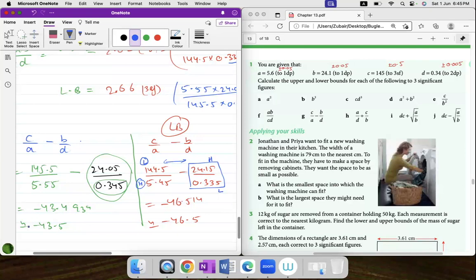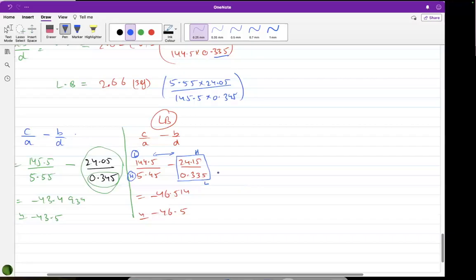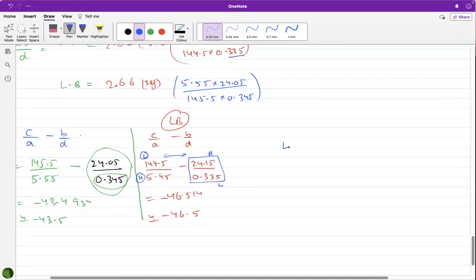Wait, but 5.45, isn't 5.55 the higher value? Yeah, we did that on the other side. I'm getting the overall lower bound. When we use lower over here and higher over here, overall we get a lower end. Do you agree? Yes. Then we are subtracting something.